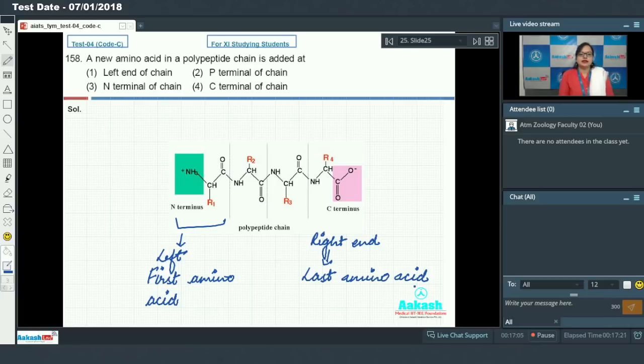And a new amino acid in a polypeptide chain is added at C-terminal of a chain, means after this last amino acid.